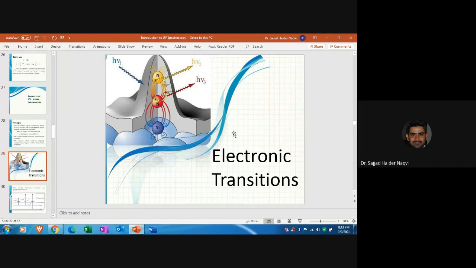So once they have absorbed energy and jumped to a higher energy level where they are excited and unstable, they are going to release that energy to come back to the normal level. So it's kind of absorbing and emitting energy, changing from lower to higher energy and coming back from higher energy to lower energy. And that particular process is referred to as electronic transition.